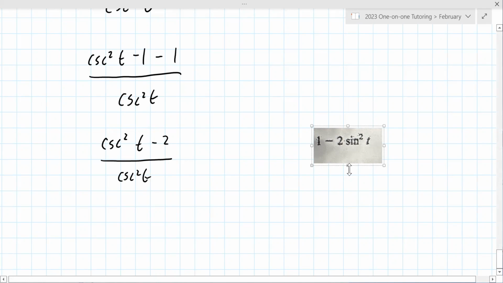Do you see how there are 2 terms here on the right? Well, if you divide each of these, you get 2 terms. And you get the 1, like cosecant squared over cosecant squared gets you the 1. Then what you just said applies to the one on the right.